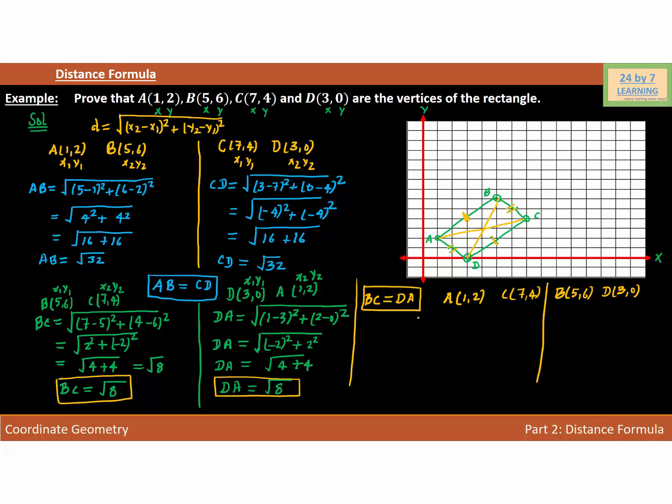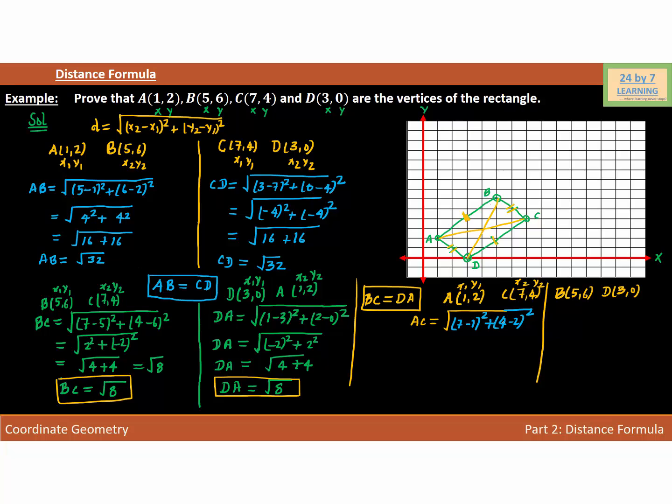So AC is equal to, this is x1, y1 and this is x2, y2. So I will write x2 minus x1, so 7 minus 1 squared plus y2 minus y1, which is 4 minus 2 squared, because you can see y2 is 4 and y1 is 2.